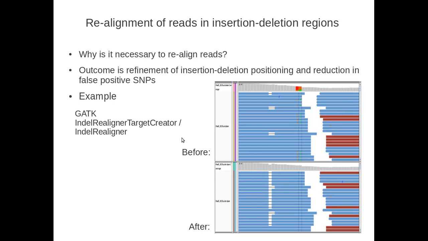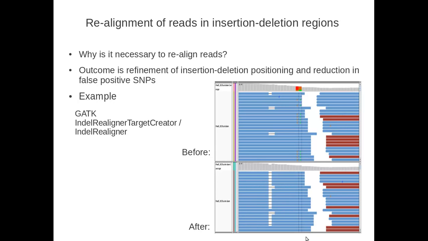And yet, this is before the indel realignment. When you realign the indels, everything shifts about one or two bases to the left. Notice an additional deletion relative to the reference appears here in a larger fraction of the reads. But the upshot is that the SNP goes away.